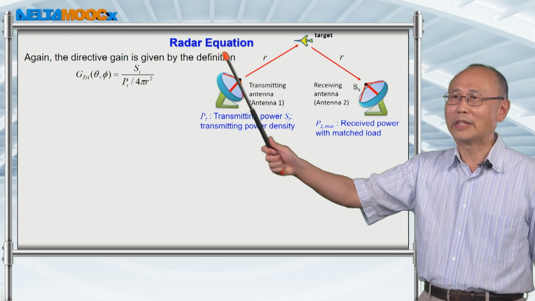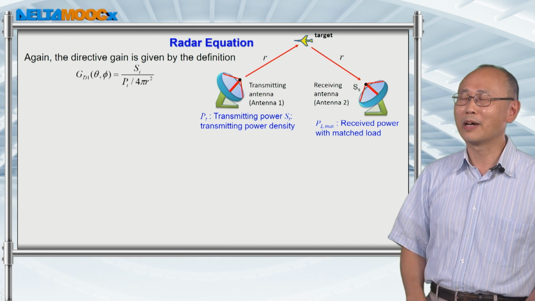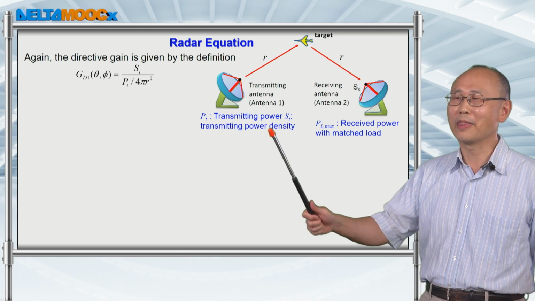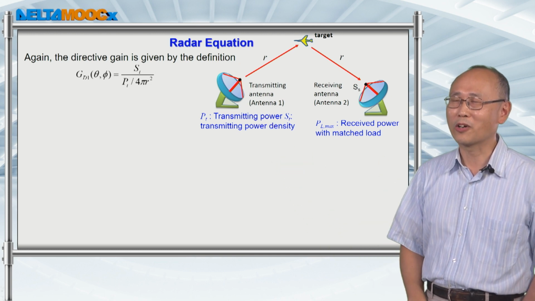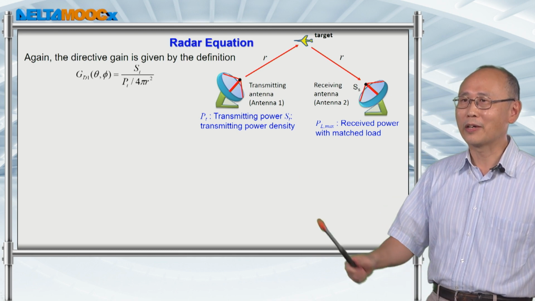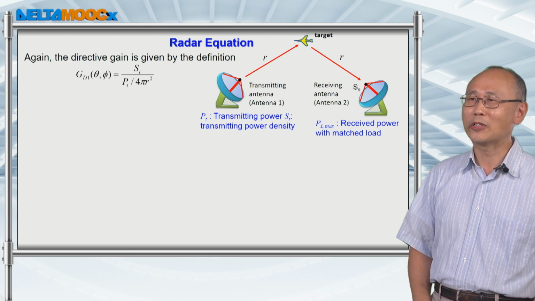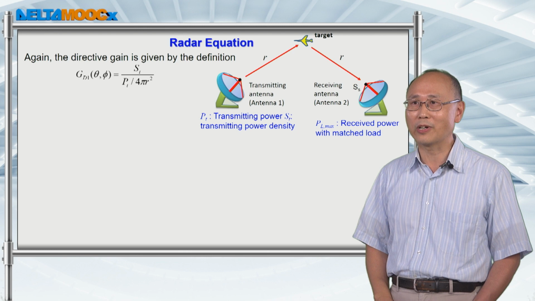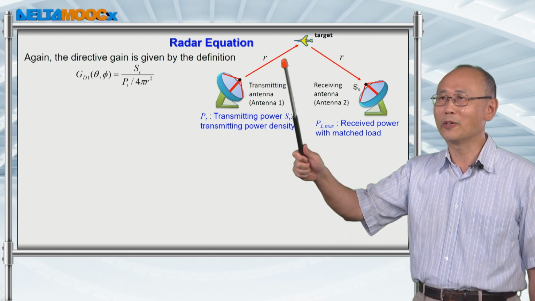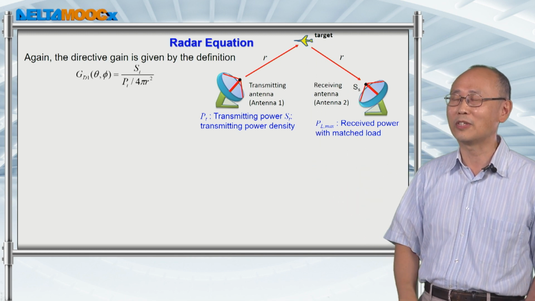Now, we want to relate the power of the transmitting antenna to the received power of the receiver antenna. The formula is called the radar equation. Before I show you all the detailed calculations, previously we had the Friis transmission formula, which is inversely proportional to the square of the distance. But in this case, the electromagnetic radiation goes into space, is scattered by this object, and reaches the receiving antenna.